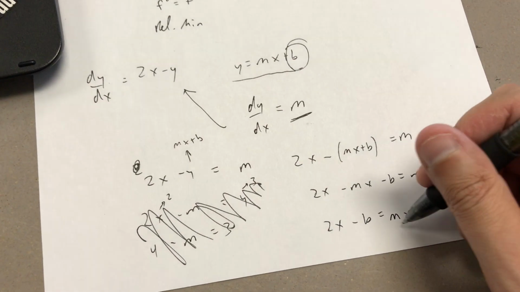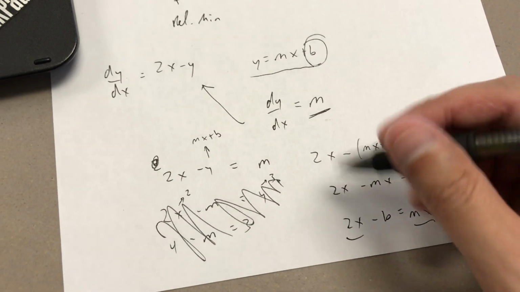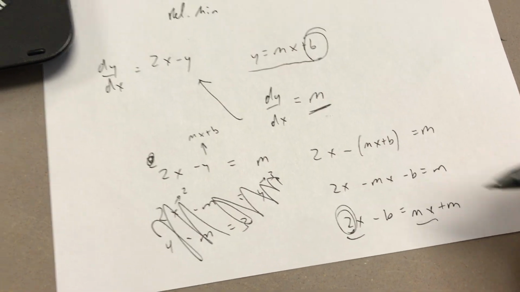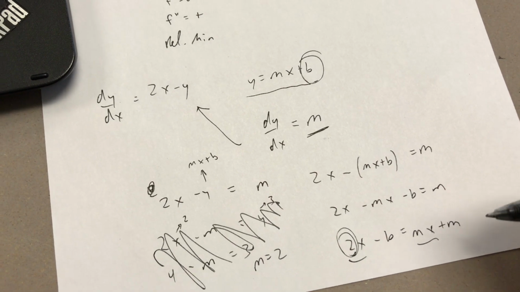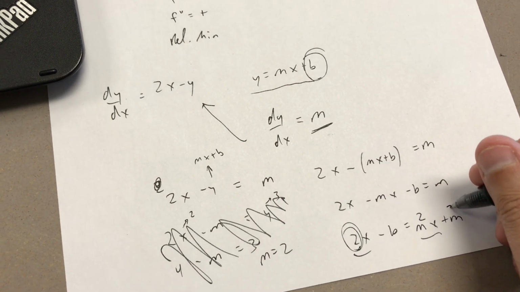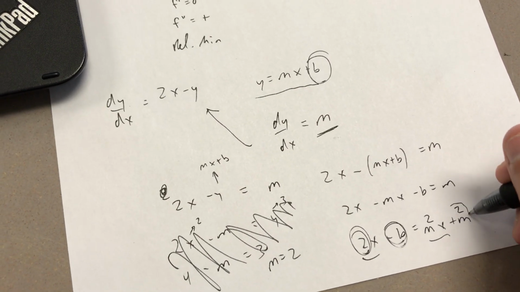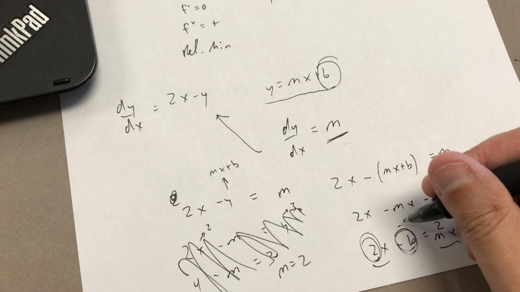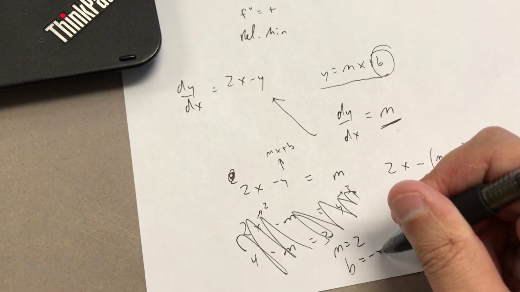Notice there's an x term here and there's an x term there. That means m has to be 2, right? So we have a 2x there if those two things are equal. So m would be 2. And if I fill in 2 for m, that would be 2x plus 2. That means the constant here needs to be equal to 2. So a negative b would be equal to 2, and that would make b equal to negative 2.